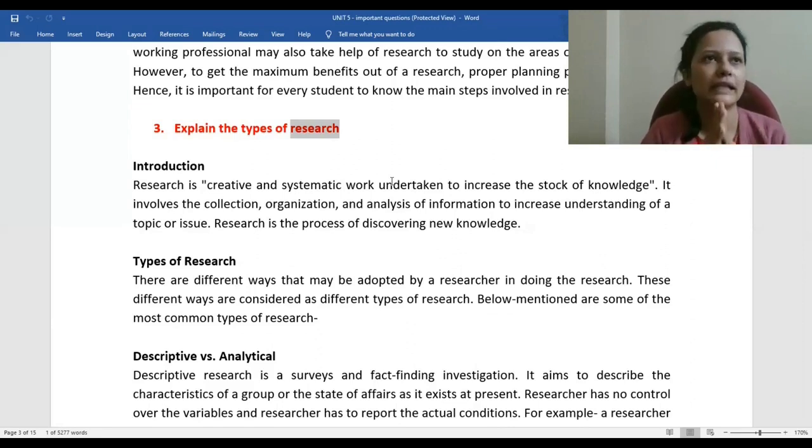Maybe you did the research very general. Overall, in India, what are the issues, problems, and things related to child labor? When you are talking about entire India, you don't have time to specifically look into details of every district or might be every state. So you have done one research on the same topic.